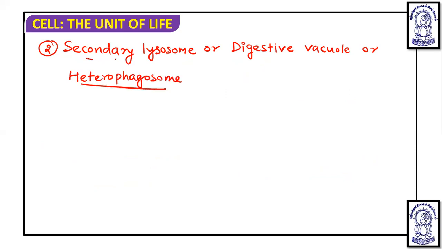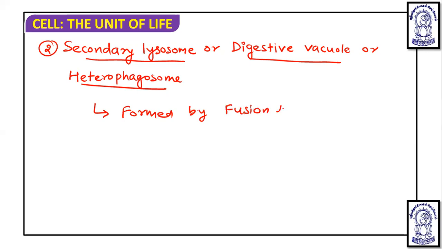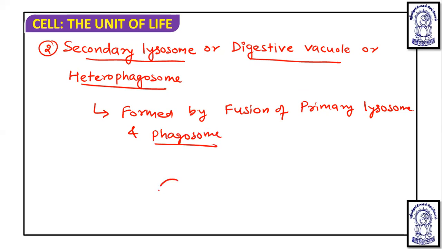So if we talk about this heterophagosome or secondary lysosome or digestive vacuole, these are formed by fusion of primary lysosome and phagosome. So we know that phagosome is formed by endocytosis, and phagosome has a food material.